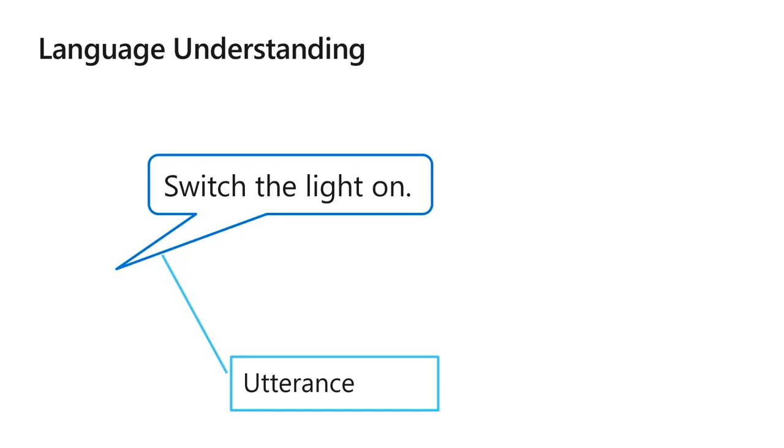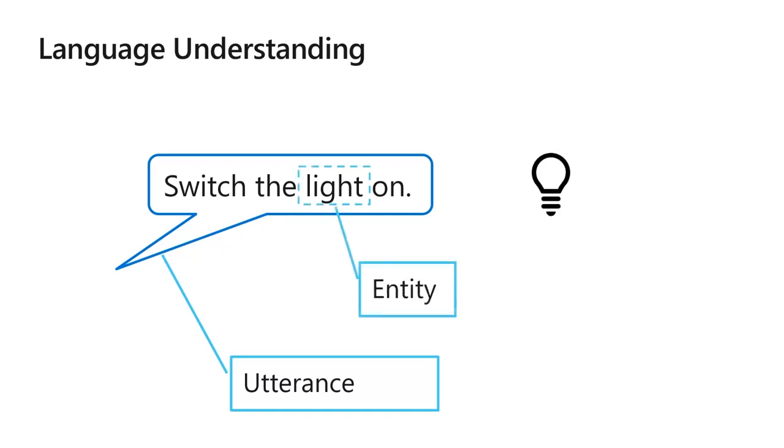That is an utterance. And an entity is a specific item that is referenced in an utterance. Let's say we're doing home automation here. We're trying to make everything automatic, and we can just say switch the light on, and then the light switches on. An entity in this example would be a light, or a fan, or music.